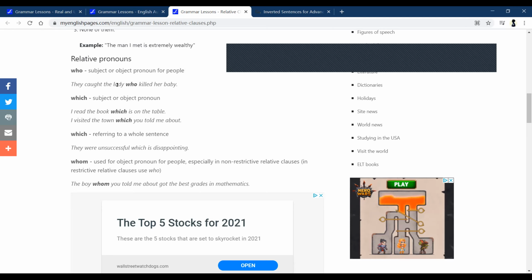In this sentence, there's no comma before the that. But if you use which, especially when you are inserting the which clause in the middle of a sentence, you usually need to add a comma.